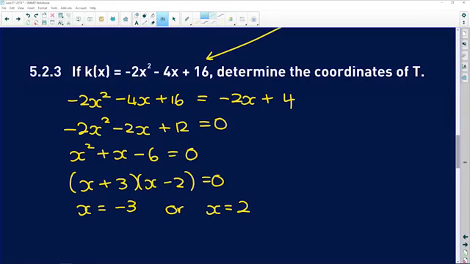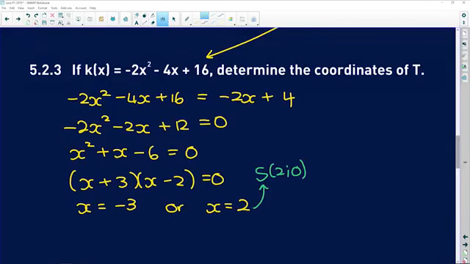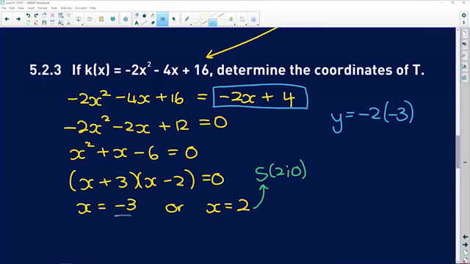And remember, this is for point S because it sits at 2, 0. So t will sit at x equals negative 3. But remember, guys, you need to find the y value. So substitute it back into a formula. I'm going to substitute it back into our linear equation because that makes it so much easier. So for t, y is equal to negative 2 times negative 3, which is this x value here, plus 4.